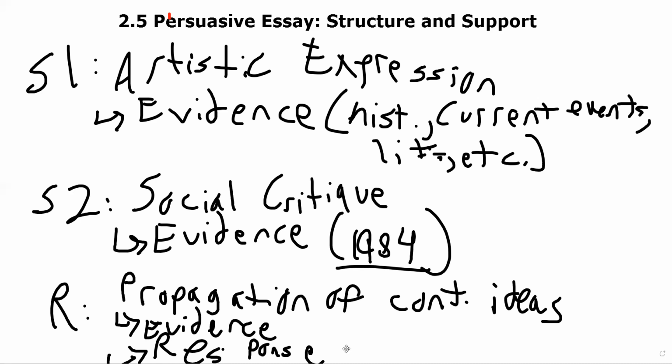In essence, if we introduce this counter argument and we suggest that not banning books allows for the possible spread of ideas that are antisocial or harmful in some way, then we need to have a response to that. We need to counter that rebuttal, because if we leave that rebuttal unaddressed, it will harm our essay in the long run. So how do we address the fact that there may be a propagation of negative ideas?